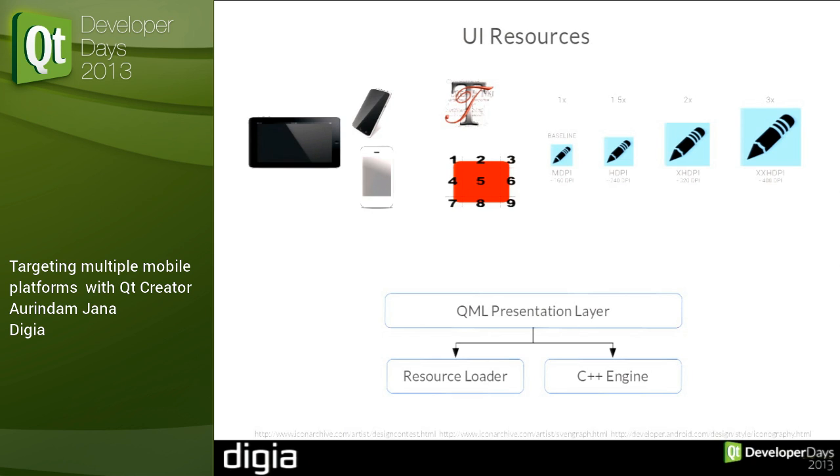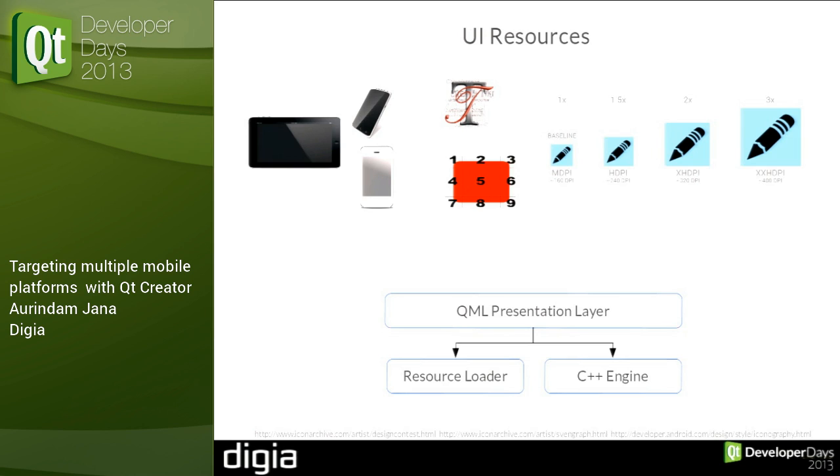The first time that I did my porting from Harmattan to Android, I had just changed the image. If there was an image, I would just say, okay, _Android, pick that image up for a particular resource. But of course, it doesn't scale up. So then I hit upon this idea of having a resource loader, and I implemented the resource loader in C++.